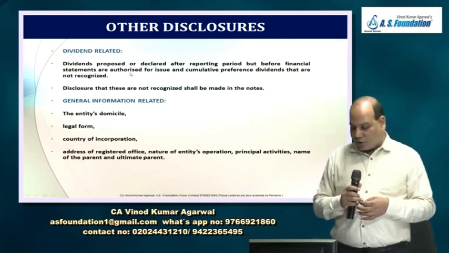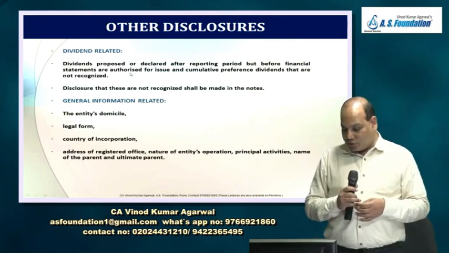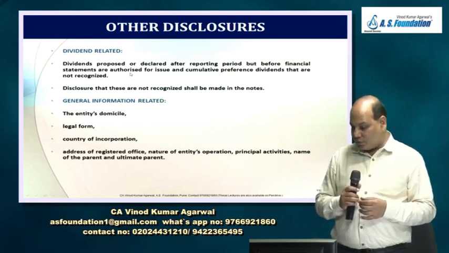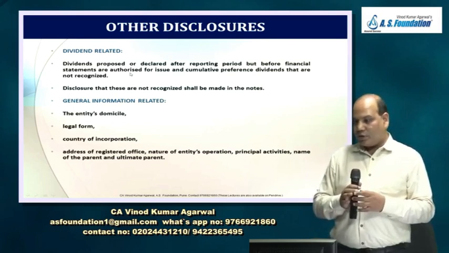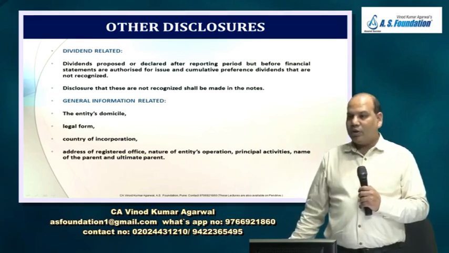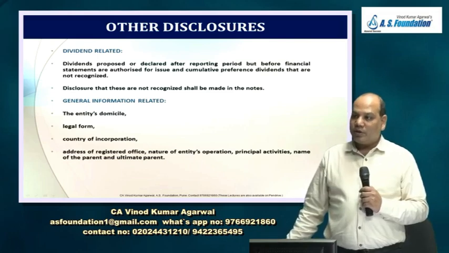Now next is general information that you have to disclose about the company: the entity's domicile, legal form, country of incorporation, address of registered office, nature of entity's operation, principal activities, name of the parent, and you have to also give the name of the ultimate parent.